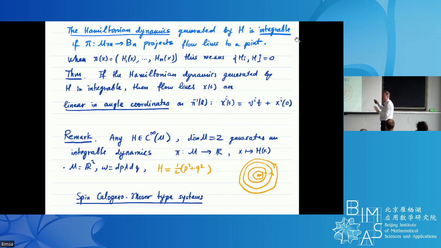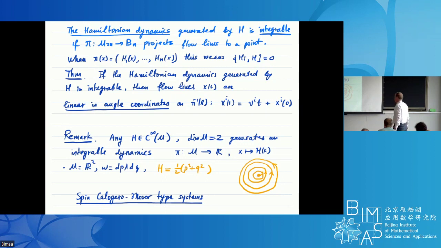That means that we solved the problem explicitly, in the sense that if you are very clever in algebra and geometry and you constructed these angle coordinates, then basically the problem is solved. All you have to do is make a coordinate transformation back to the initial coordinates.